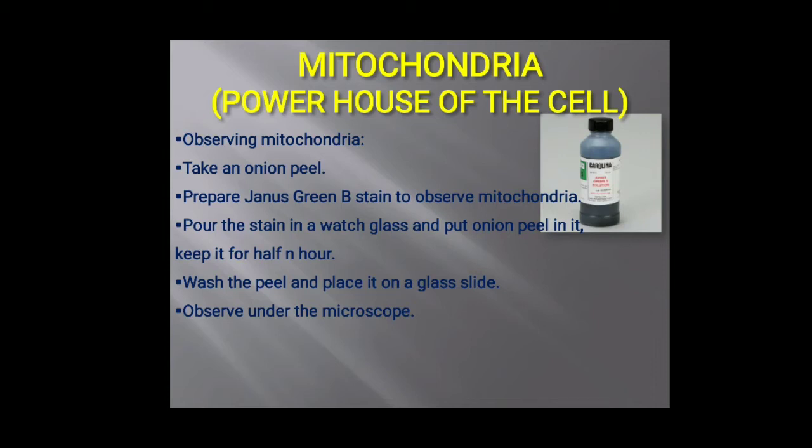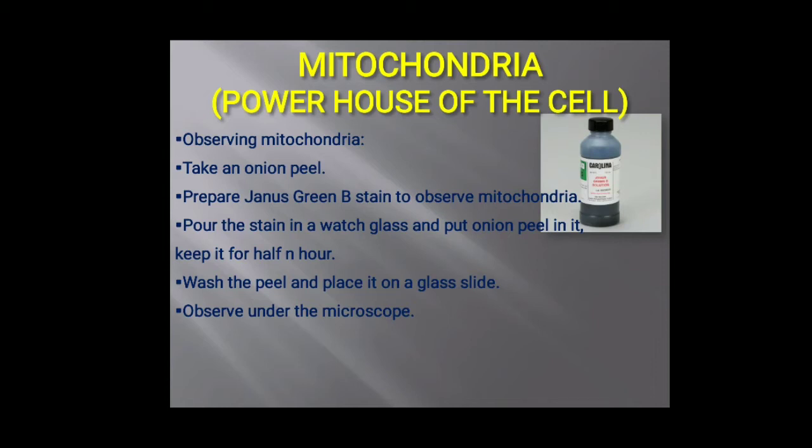For that you need to take an onion peel and prepare Janus green B stain to observe mitochondria. Janus green B stain is especially used to observe only mitochondria inside the cell.